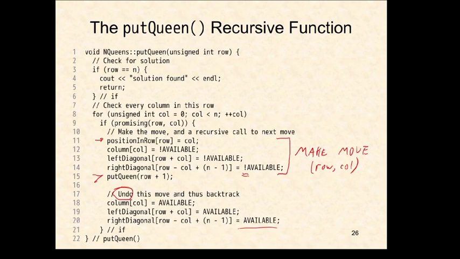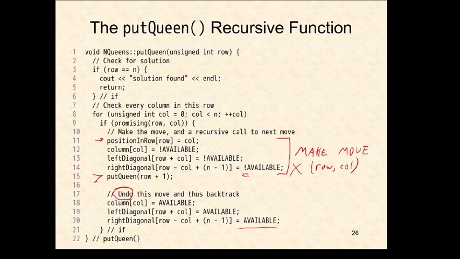Think of it also in 280 terms in terms of preconditions and postconditions. Because promising said this row column was valid to make a move, before we did anything, it was available. We marked it as not available.